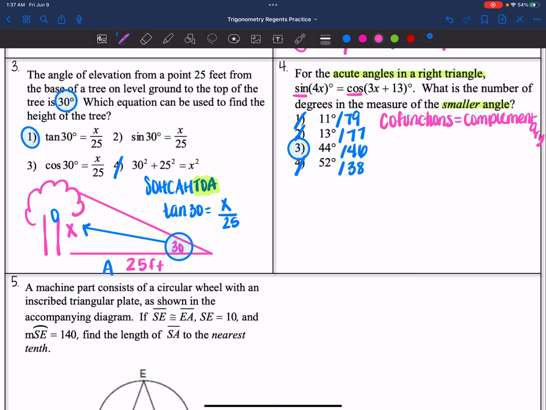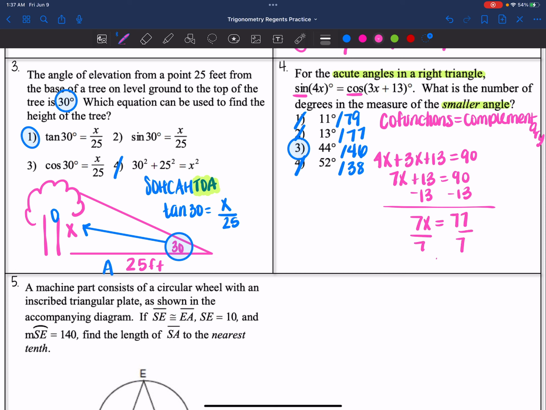So if I take 4x and add it to 3x plus 13, that should equal 90 degrees. 4x plus 3x is 7x plus 13, which should be 90. If I subtract 13 on both sides, 7x is equal to 77, and therefore x is equal to 11.